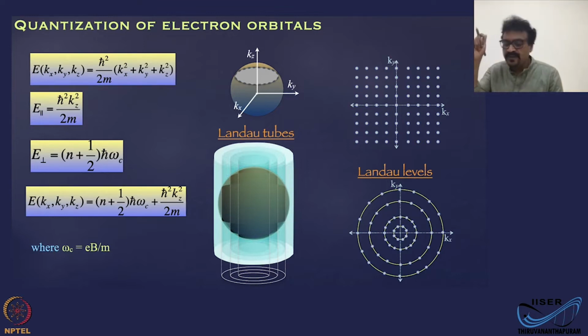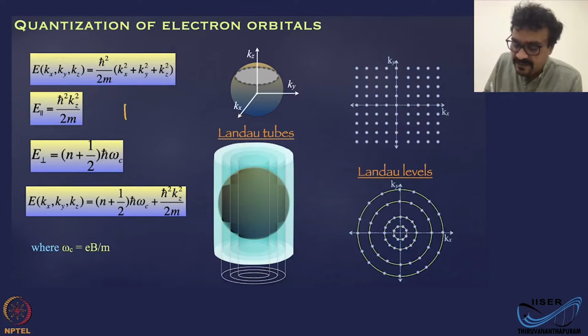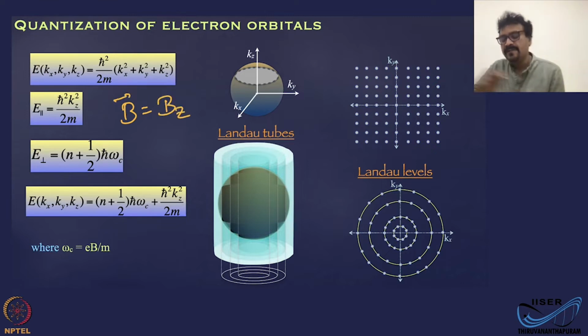Now you have a magnetic field. Say that field is in the Z direction. So you have a magnetic field, B field, which is in the Z direction. Okay, that is the situation.